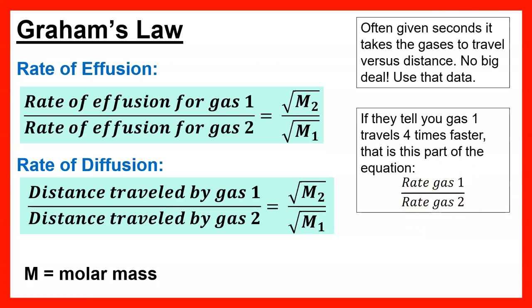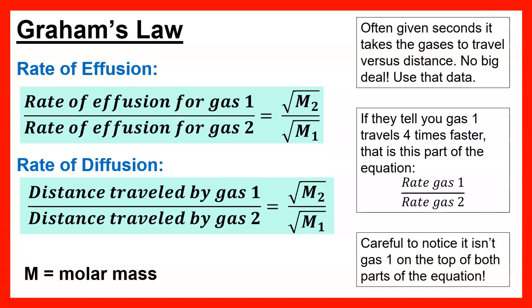If it was 1/2 the speed, you'd put a 1/2. If it was 10 times faster, you'd put a 10. And then a reminder once more, be very careful that you notice that it's 1 over 2 and then 2 over 1. Be very careful about that.